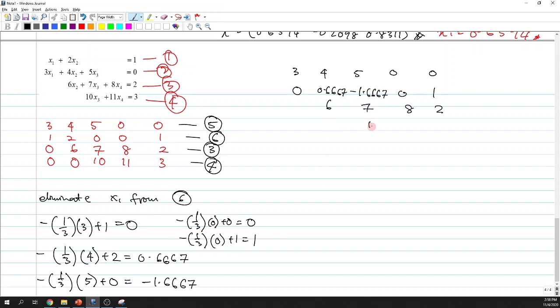And this one is 10, 11, 3. So 0, 0, 0. Okay. So this is the equation 5. This is the equation 7. This is the equation 3. This is the equation 4.